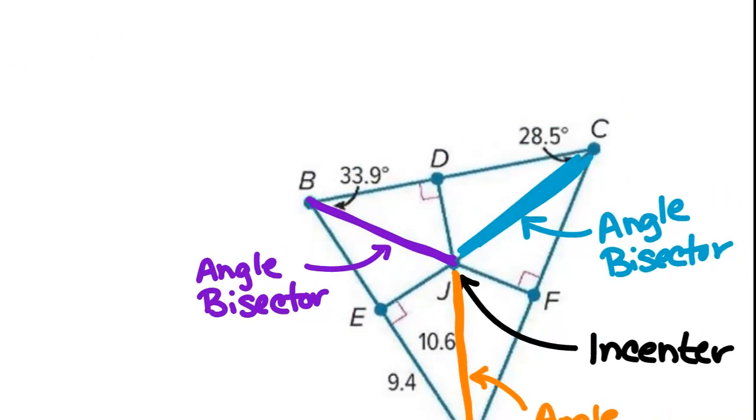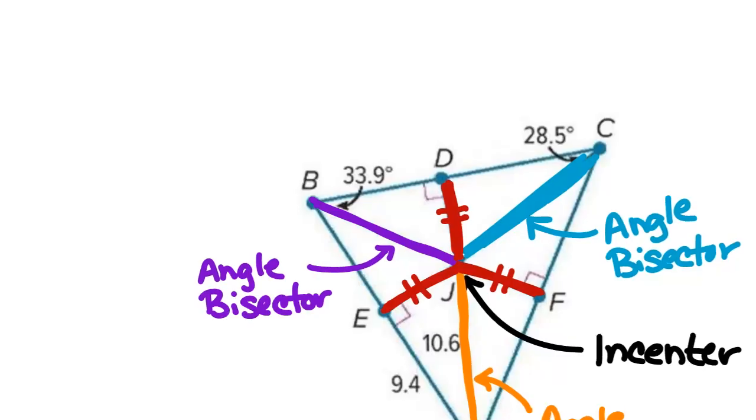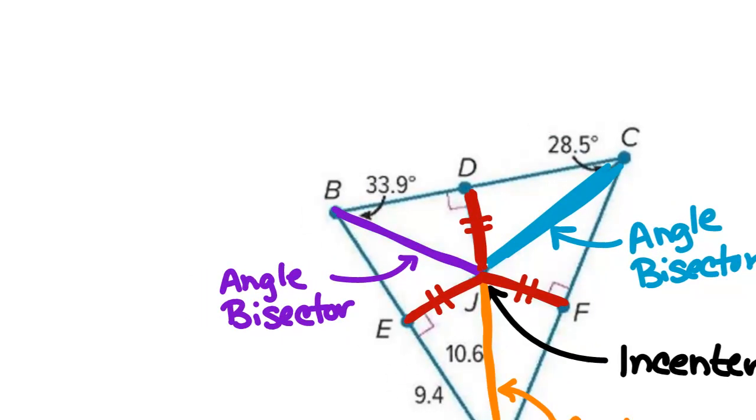That means that these 3 segments, EJ, JD, and JF, are congruent. Those are going from the incenter to the side, and it's making a right angle where it hits the side. They want me to find segment DJ.